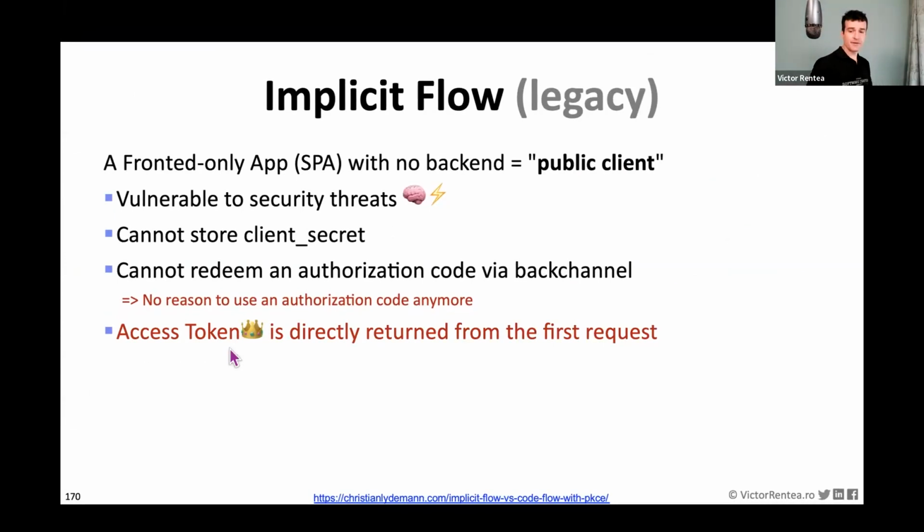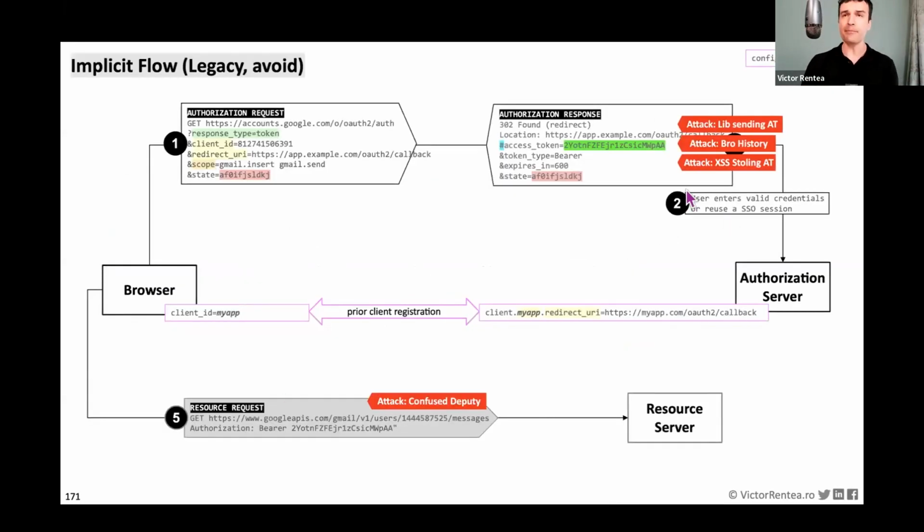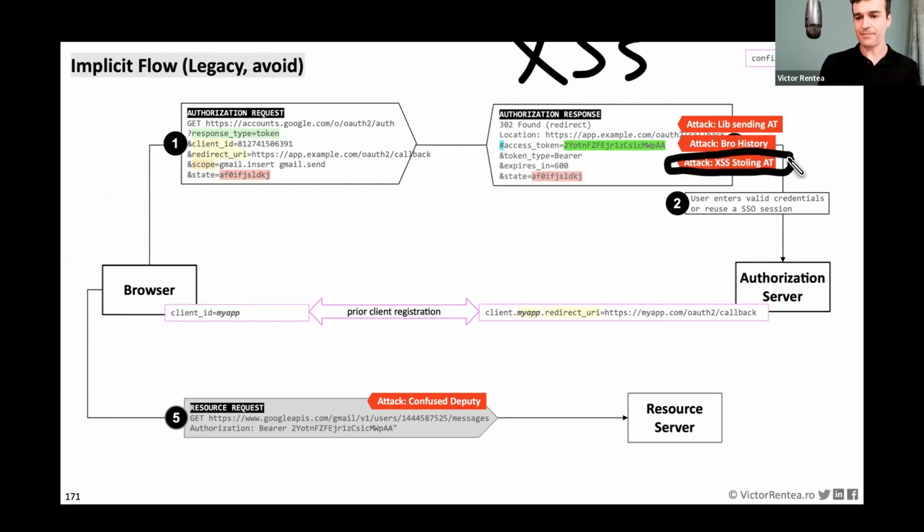Why? Because the attacks the implicit flow was prone to were libraries, JavaScript libraries that you use, that would somehow find your access token. This is basically cross-site scripting, but not from some malicious injected snippet, but by a very library that is not trustworthy and starts doing bad things and sniffs your access tokens and sends them to anyone else.